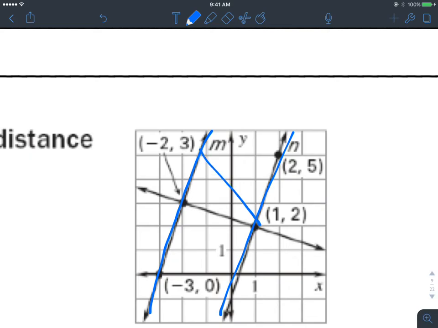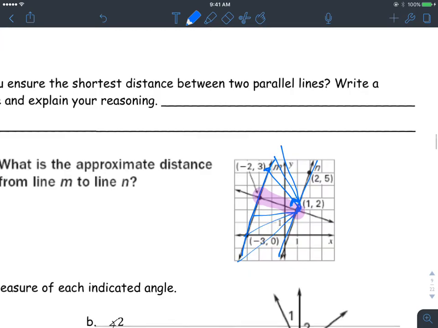You could say maybe the distance from this point up to a point way up there, and you can keep doing that. But we always talk about the shortest possible distance. If you measure all these different lines I draw right here, the shortest possible one that we can draw between those two parallel lines will always be perpendicular to those parallel lines. So we always want to think about the perpendicular distance there.